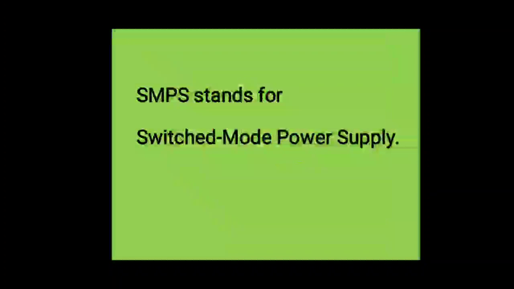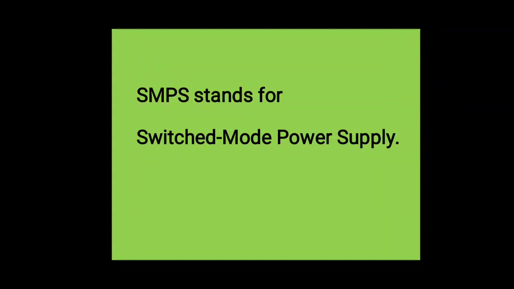This power supply offers great power efficiency, and it will reduce the overall power loss. This SMPS is a very powerful supply unit, and it is mostly used in desktop computers and televisions and all the other electronic devices, and transistors and ICs as well.